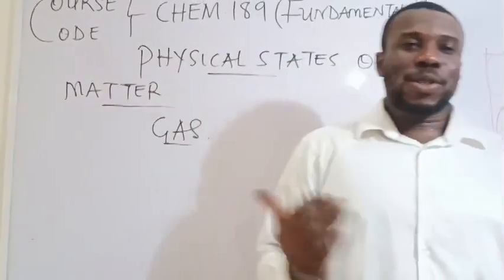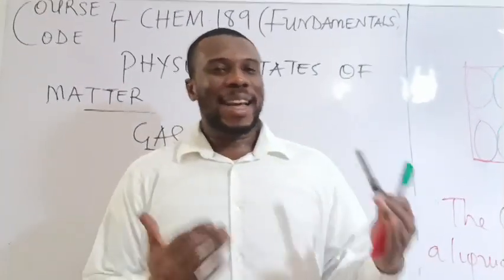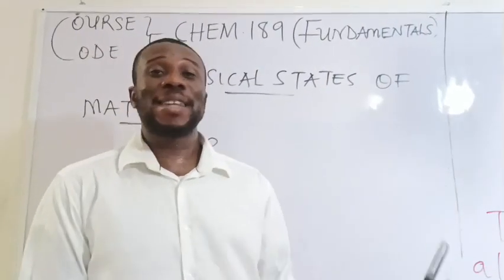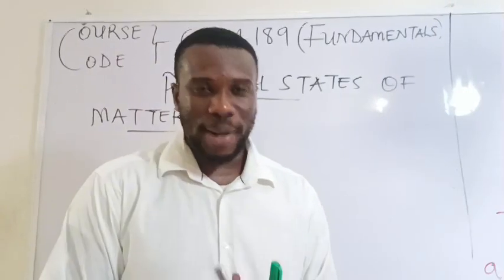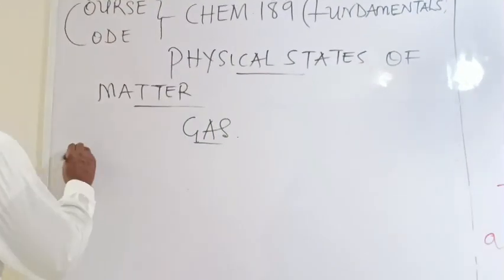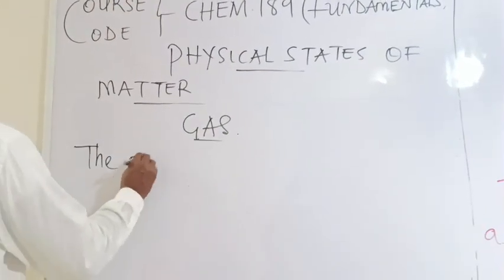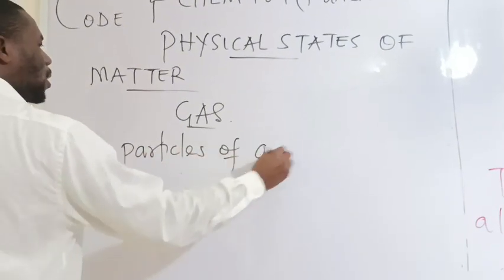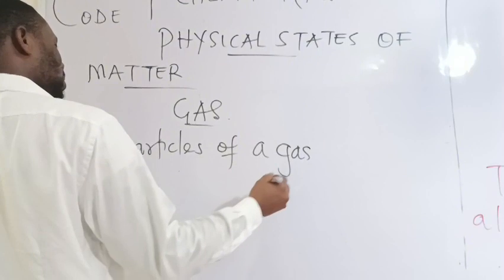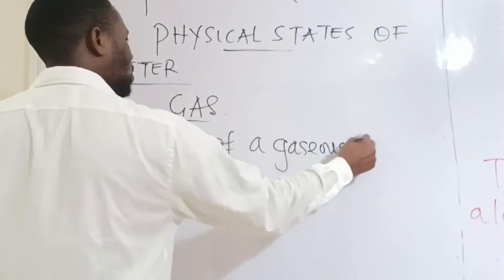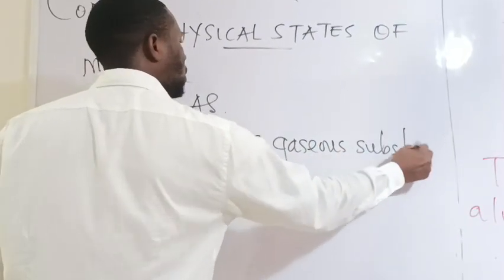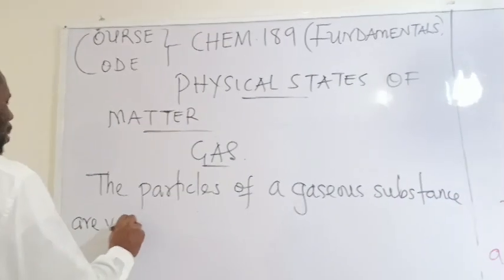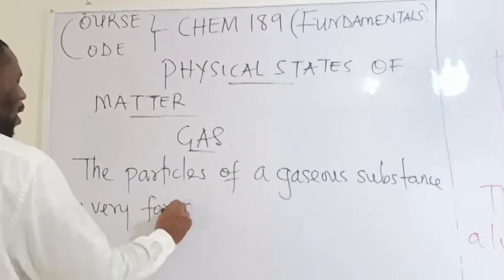The difference between a solid, a liquid, and the gaseous state of matter is simply how spaced their particles are to one another. So we'd say the particles of a gaseous substance are very far apart.